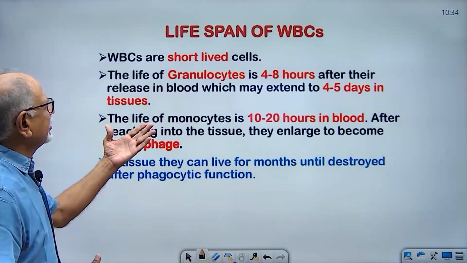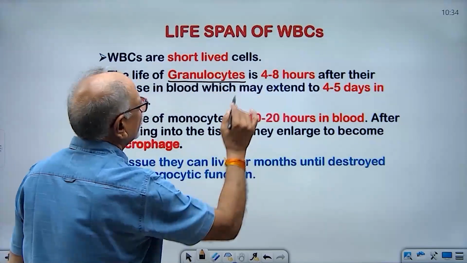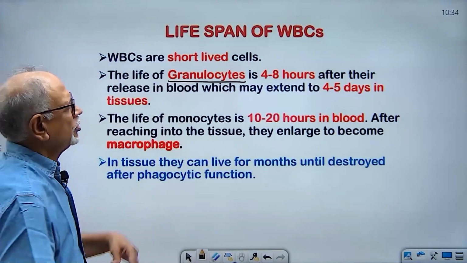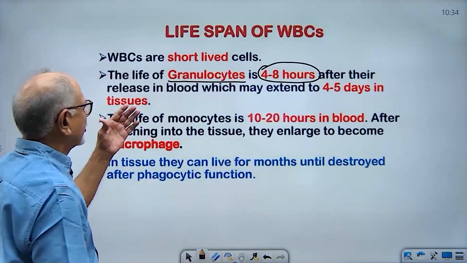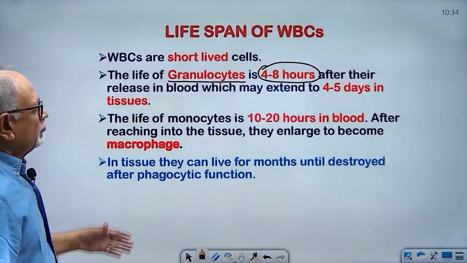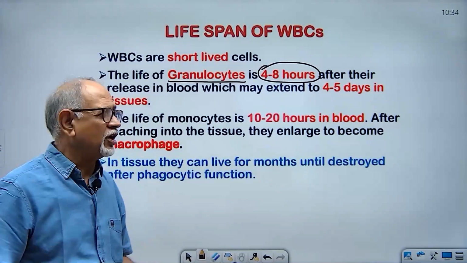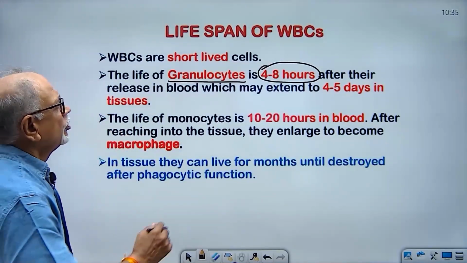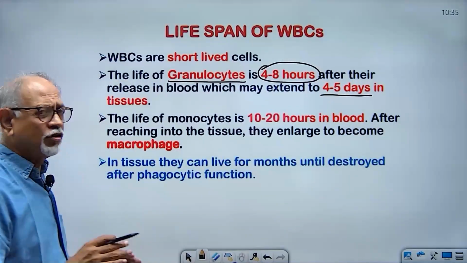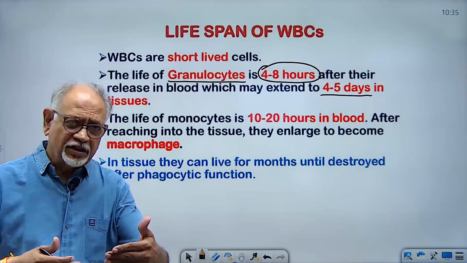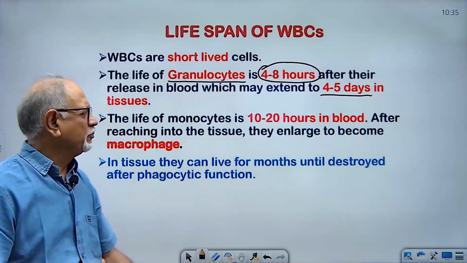In the case of granulocytes, the lifespan is only about 4 to 8 hours in the circulating fluid, but they can remain alive and functional in the tissues for about 4 to 5 days. So they can live longer in the tissue as compared to the blood.